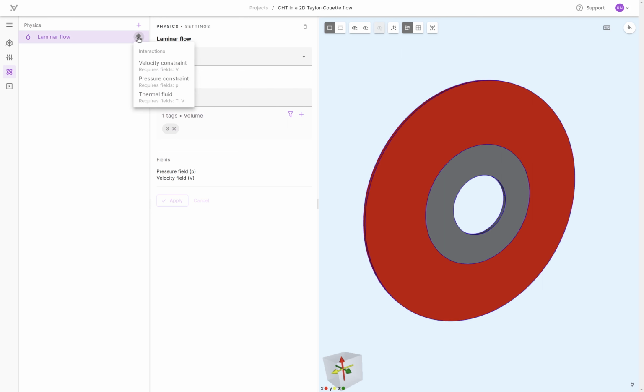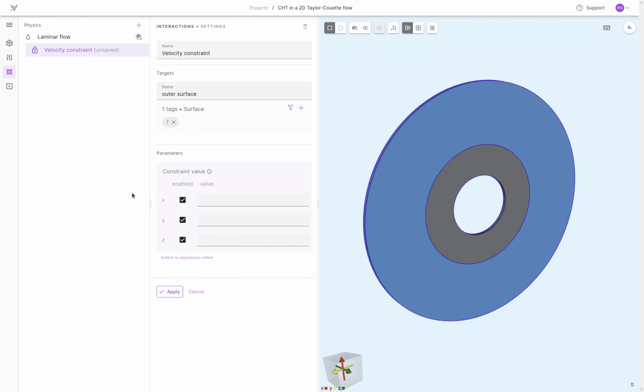We'll start adding interactions. We'll start with the velocity constraint. On the outer surface, we know that the fluid flow is moving at a tangential velocity of 2 meters per second, or UO. And we also defined the angular velocity earlier in the shared expression. So we use this information to extract the xy components of the fluid flow at the outer surface.